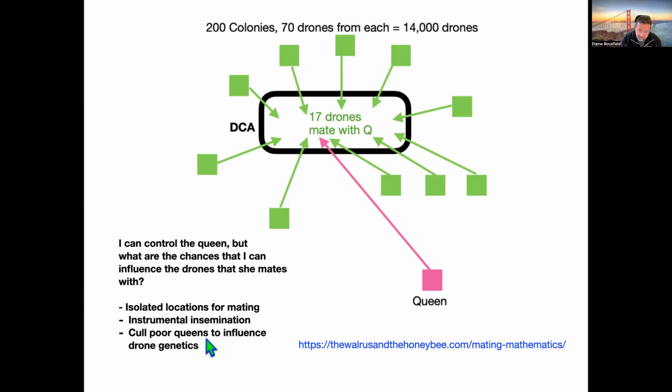If you've got horrible bees that sting you all the time and they swarm lots and they make no honey and they're just rubbish, get rid of the queen, put a good queen in there, and then the drones from that colony are just improving the bees in the area, because if everyone did that, the drones in this congregation area would all be nice, and then the queens that get mated there, well, they've got a better chance of being good.